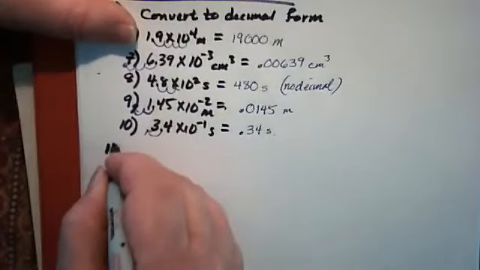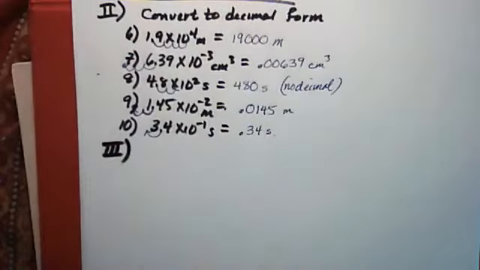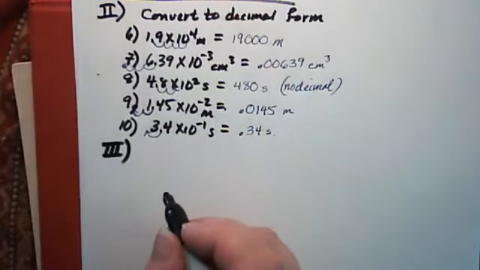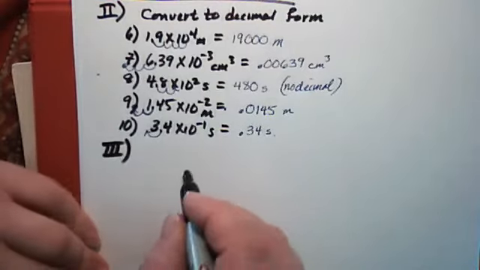Okay, and Roman numeral 3 is actually about engineering notation, which I said we weren't going to do, but it's also useful from the point of view of recognizing what the metric prefixes mean.